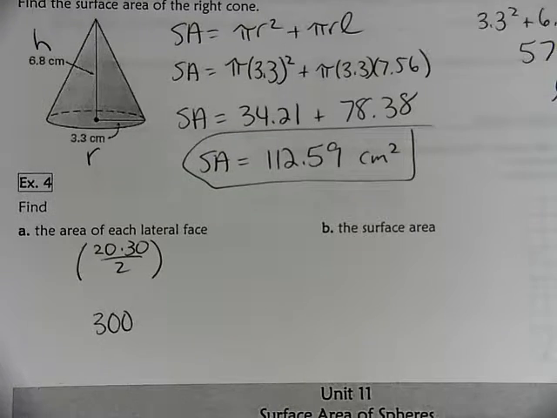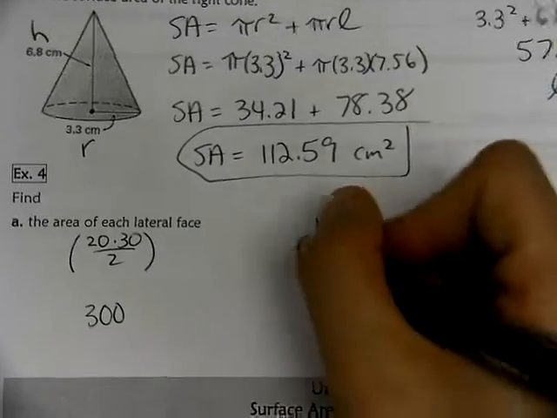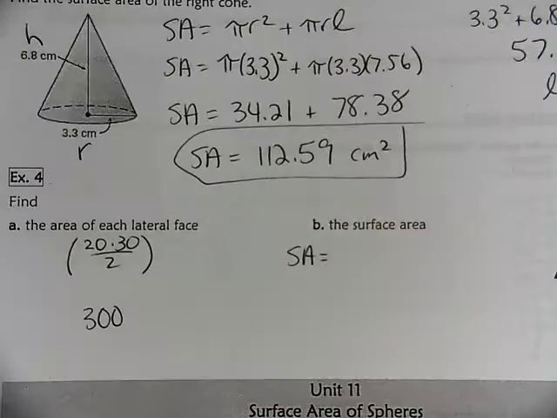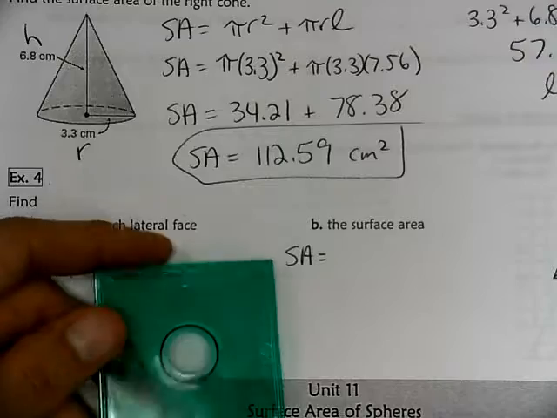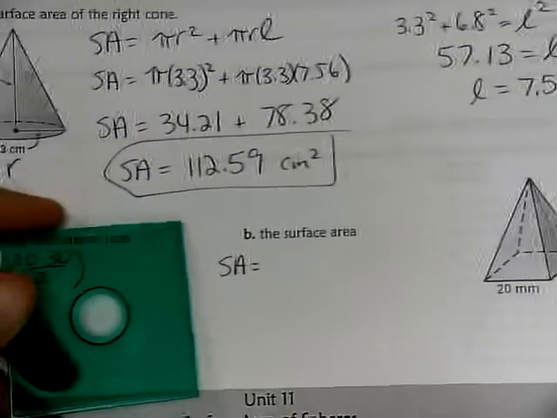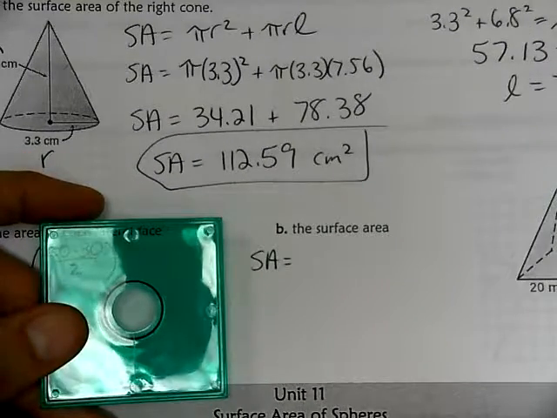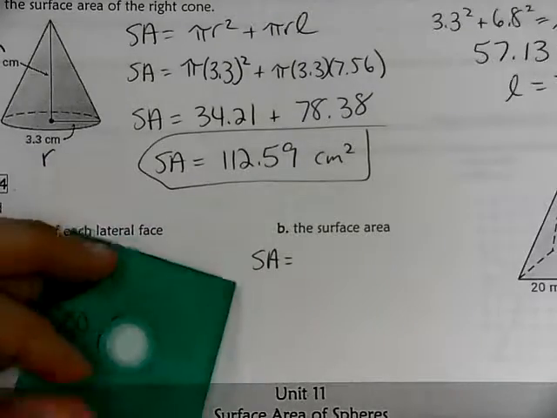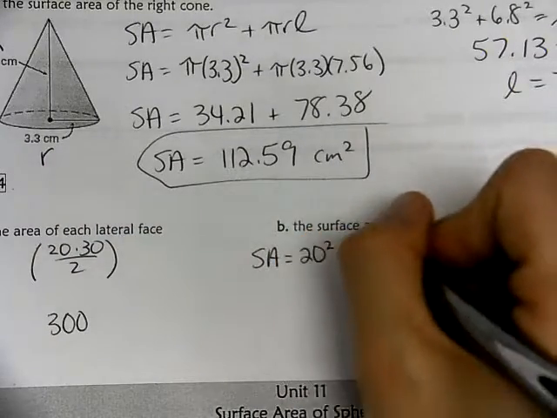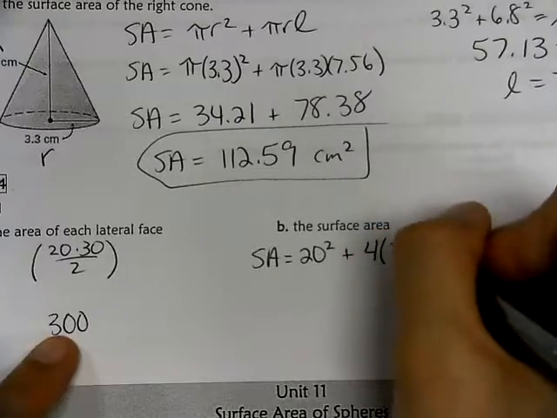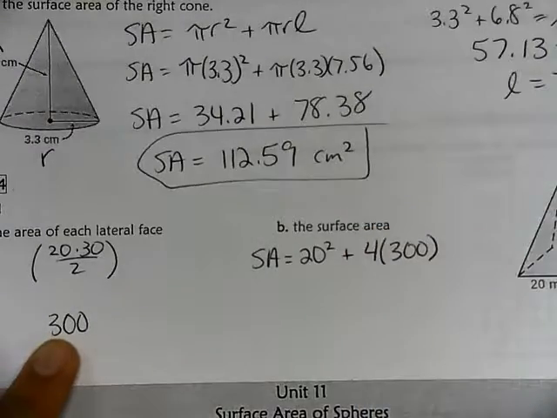So another way to do surface area, not using the formula, although I don't recommend it, still takes a little bit more thinking. You find the area of the base, which if it's all 20, what's the area of the base again? 20 times 20. Plus, we could do 4 times the area of our triangle, because there's 4.